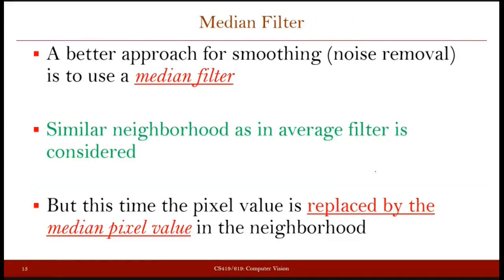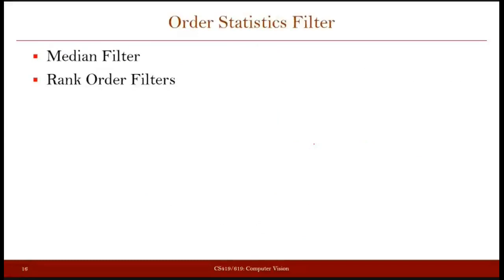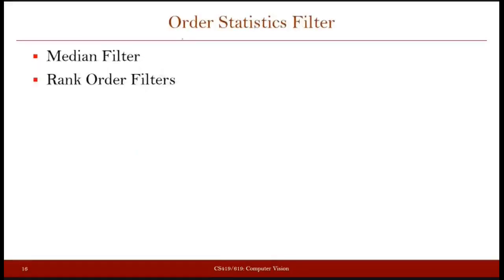This can be overcome if you use the median filter. This can be improved by using the median filter, which, as I said at the beginning, is an order statistics filter.